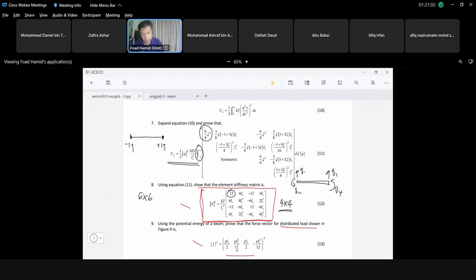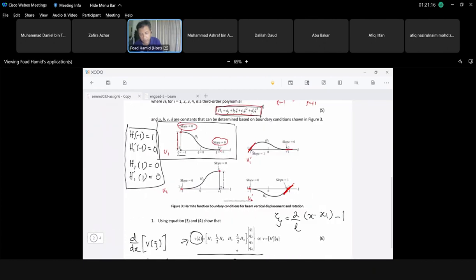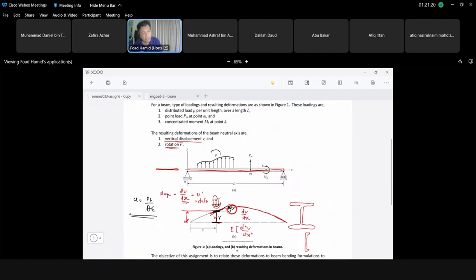All right, so now we are done with the element stiffness matrix. Then we can go to the force vector for distributed load. Note that for a beam, we have this kind of loading: distributed load, point load, and point moment. There are 3 types of loadings here.